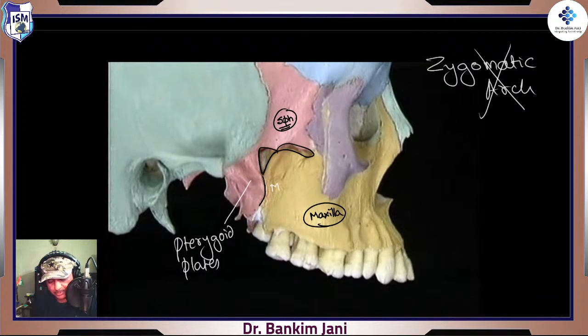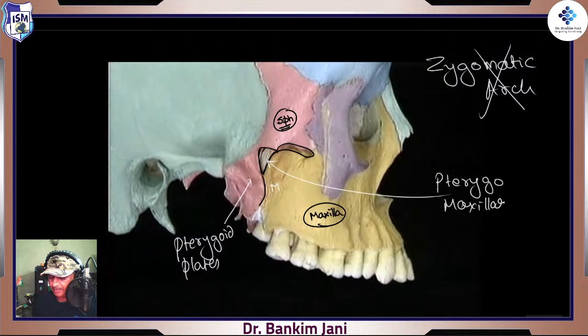So now this is between maxillary and the pterygoid plates. So it's a fissure, a gap. Very gracefully, we name it pterygomaxillary fissure. So simple. We don't have to use that much brain to answer this.